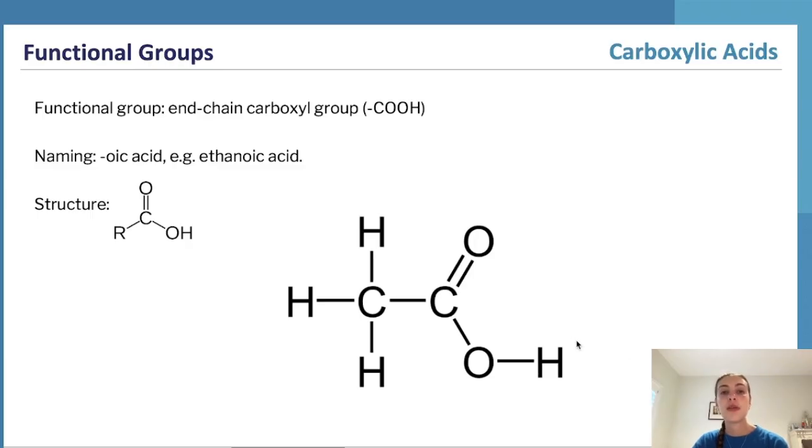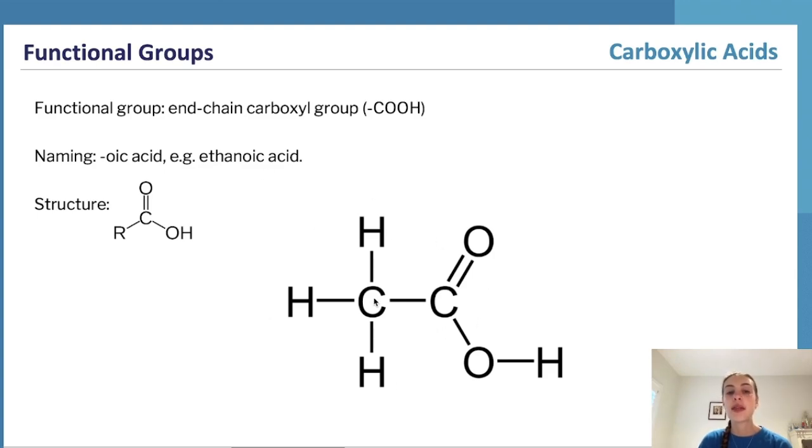As we briefly said before, the name carboxyl comes from it being a carbonyl group and a hydroxyl group combined to get carboxyl. The naming for these uses the suffix -oic acid. For example, ethanoic acid, this molecule shown here.